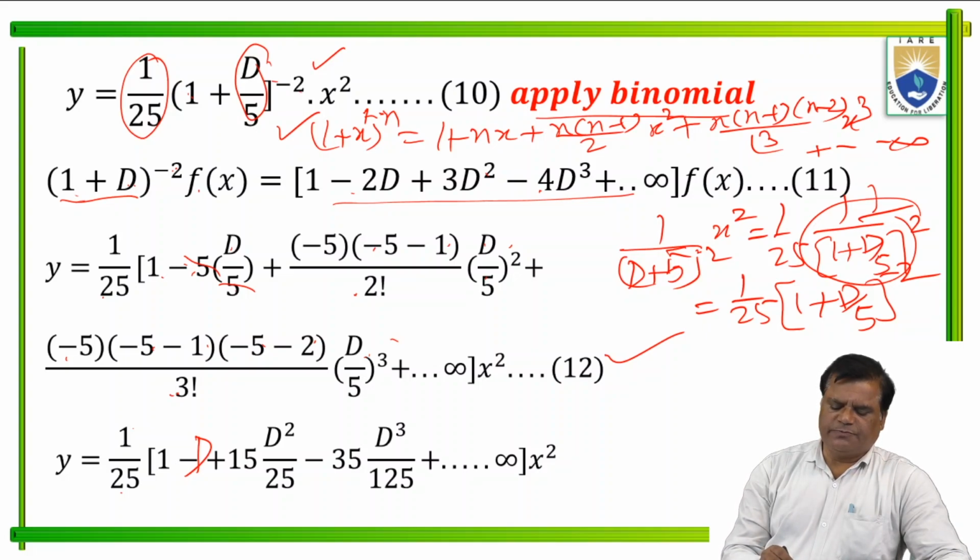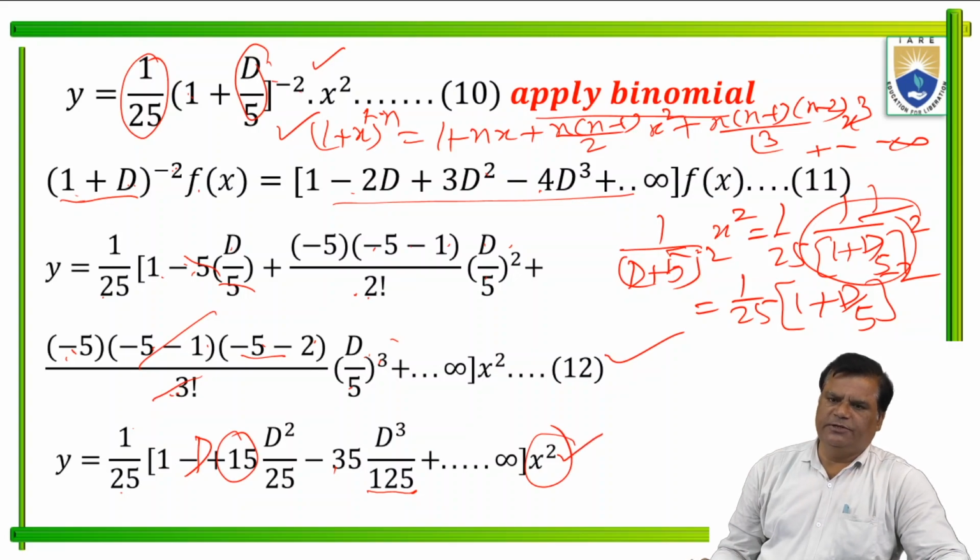Plus here 6 fives are 30, divided by 2, here is 15, D square upon 25, and here factorial 3 is 6, so this cancels, so here is minus sign, and 7 fives are 35, and 5 cube is 125, D cube, and plus this into x square, the function is outside the bracket.